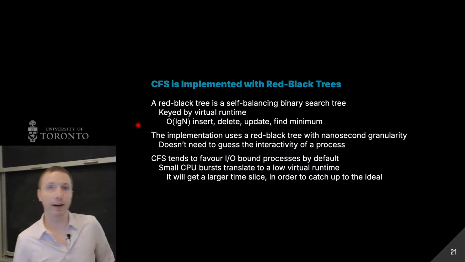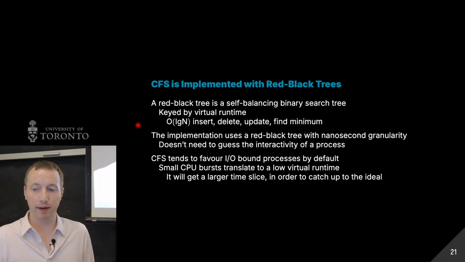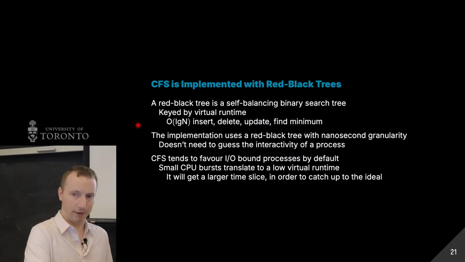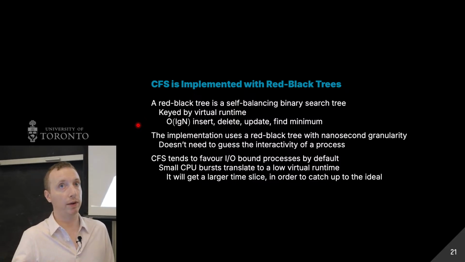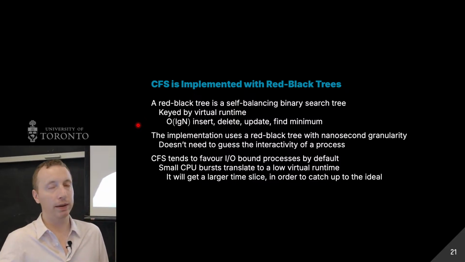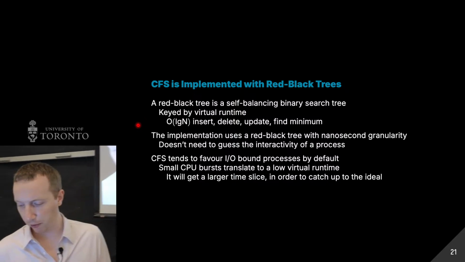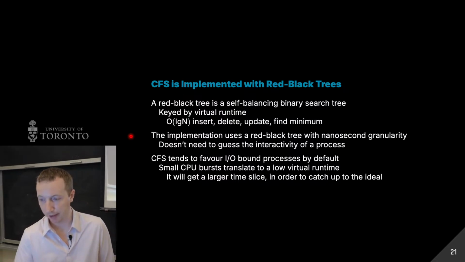And the nice thing about this is it doesn't need to guess the interactivity of the process at all. It just runs the algorithm. It has a few fudging factors, like adjusting the weight based off the priority and figuring out the time slice. Those are the fudge factors that we won't go into details with.